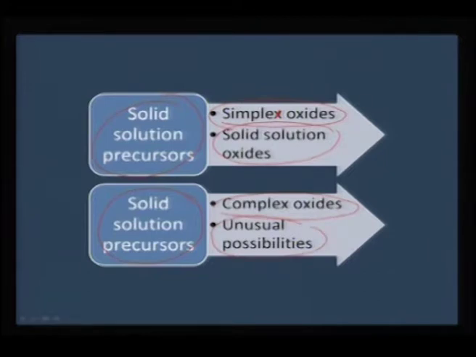So, a solid solution precursor can also give simple oxides like the simple precursors, but along with that it can also give solid solution oxides and complex oxides, and different other possibilities can be worked out. That is the advantage of a solid solution precursor. I will start with one or two classic examples which have stood out in precursor chemistry over 30-40 years now.